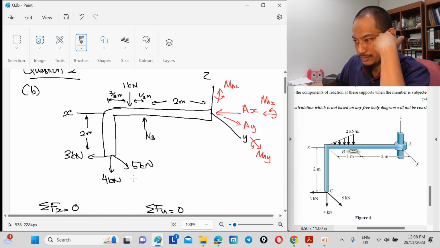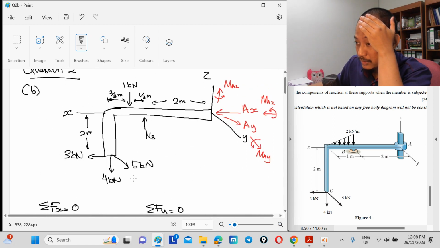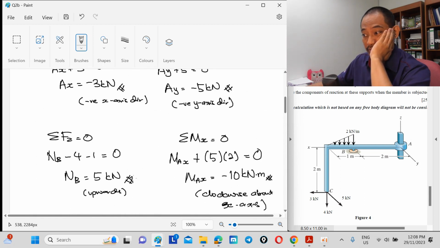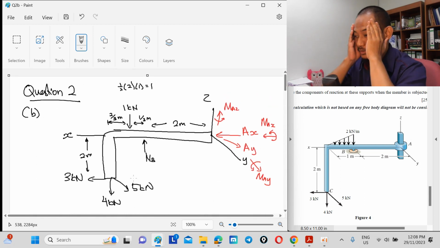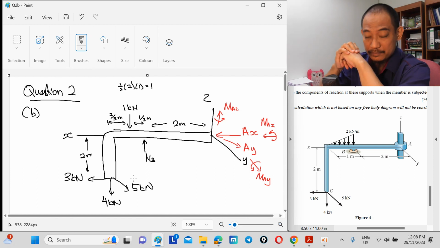Have we finished? AX, AY, and B, MAX, MAY, MAZ. Alright, Alhamdulillah, we've managed to finish. It's 12:08. We managed to finish before 12:15, right?